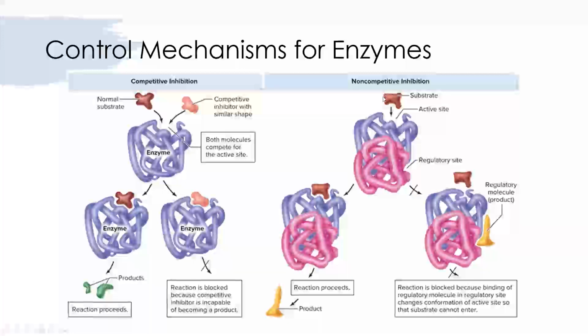Non-competitive, there's only one molecule that binds to the active site, this red one, but maybe the yellow one can bind on the side here. And this one changes the shape, like the shopping cart idea, so that then the reaction cannot proceed.